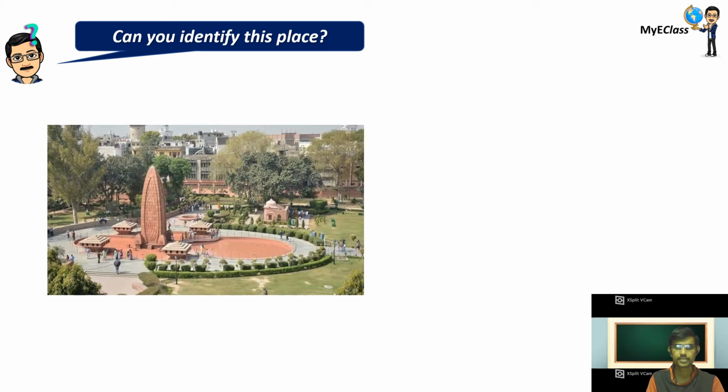Observe the image properly and identify the place which is shown on the image. By this, I will also identify what concept I am going to discuss in this session.